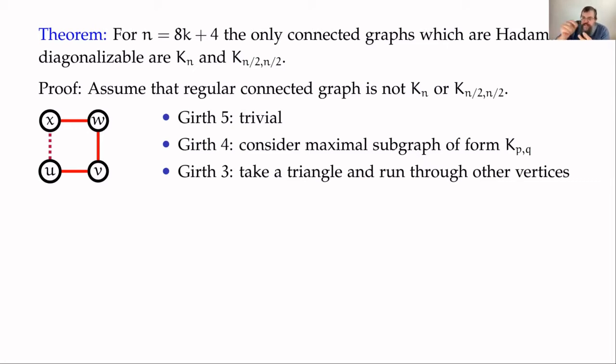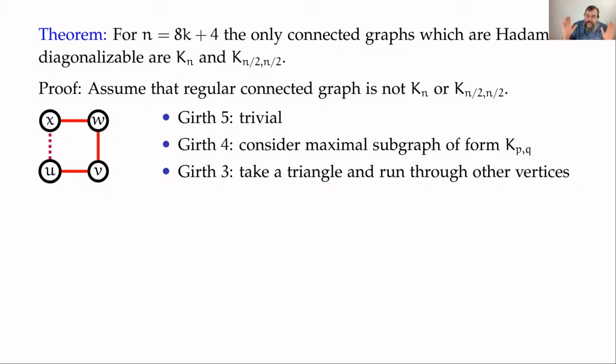If it's not adjacent to everything in that triangle, we're done, because we can find such a path. So it has to be adjacent to everything in that triangle. So now we have a little K4. Now take another vertex that's adjacent to something in that K4. If it's not adjacent to everything, again, we have a path. So it must be adjacent to everything, and you keep going, and you either find that path or you end up with a complete graph.